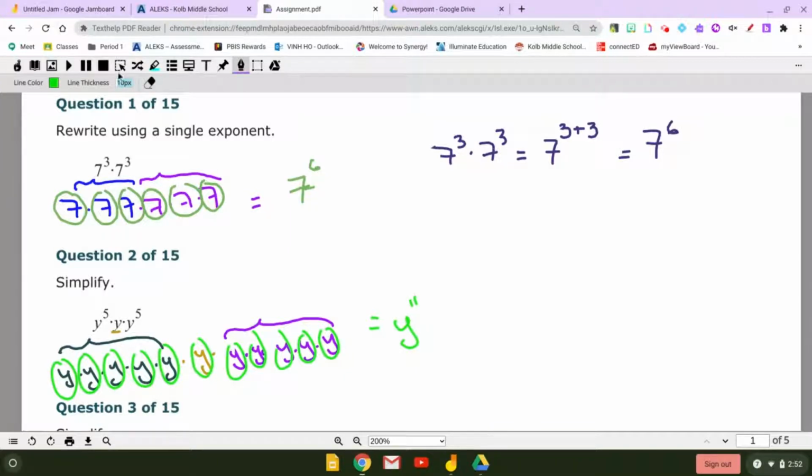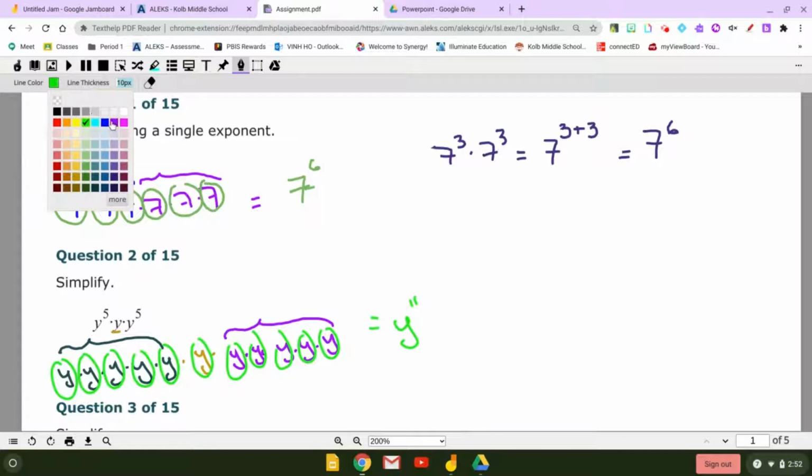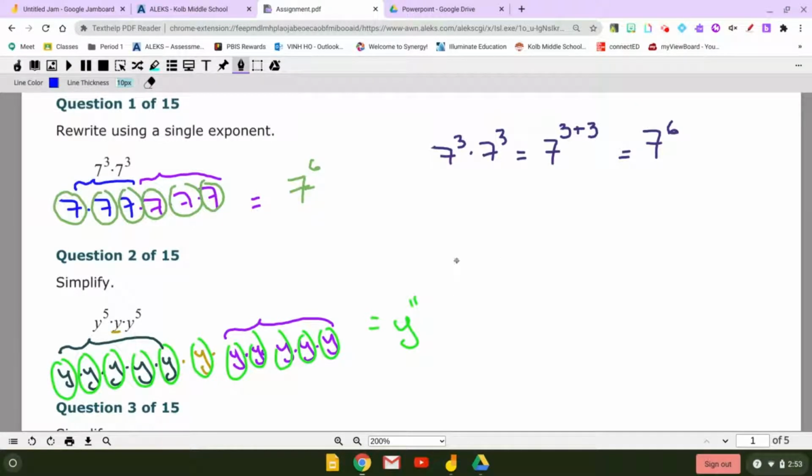So that is one way to go. The second way to do this: y to the 5th power times y to the 5th power. As we learned, if they all have the same base, you keep the base and add the exponents.